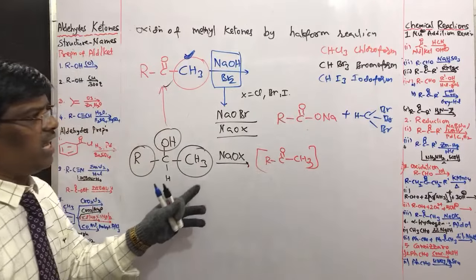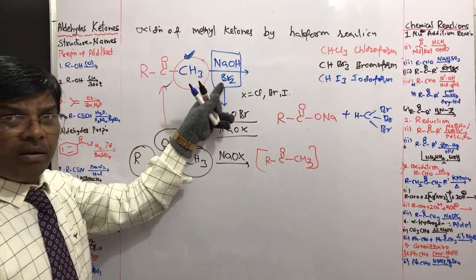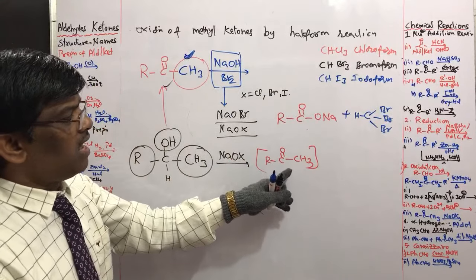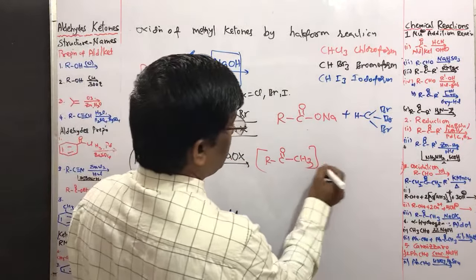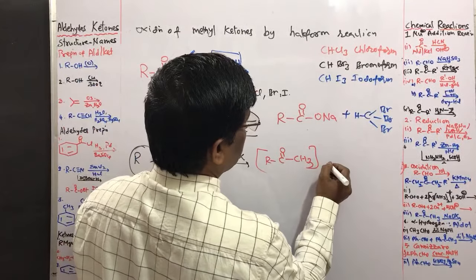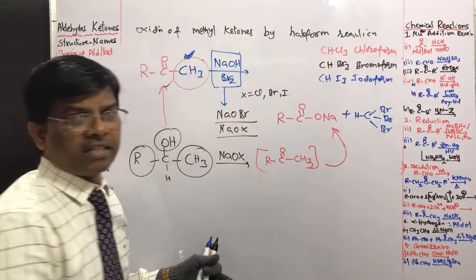Oxidation takes place with bromine, NaOX, forming the intermediate, and it gives the same haloform test.